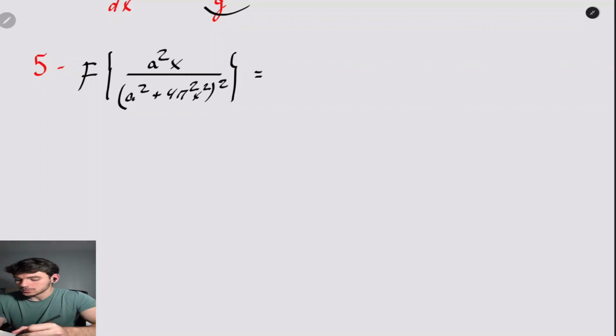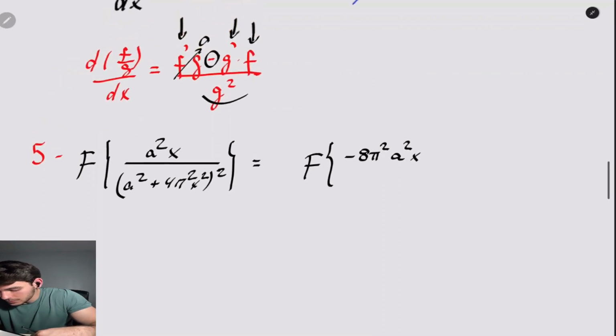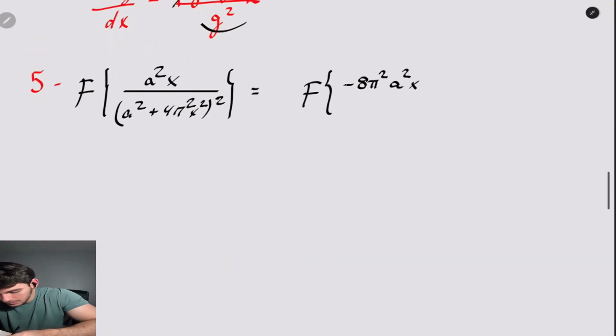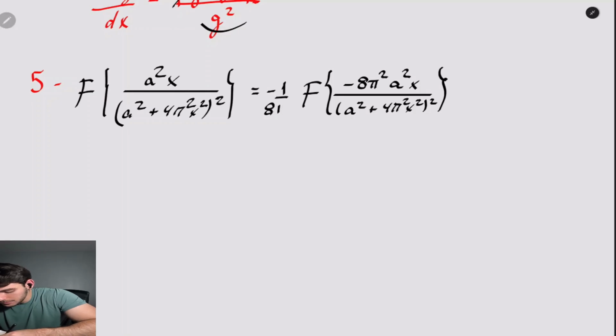So here we're going to do the same procedure. We're going to write down something that we've calculated on the previous item. So here we're going to put minus 8 pi squared a squared x, okay, divided by the same thing. So that's the derivation of the function that we've derivated on question 4. And now we need to divide it by minus 1 and minus 8 pi squared.